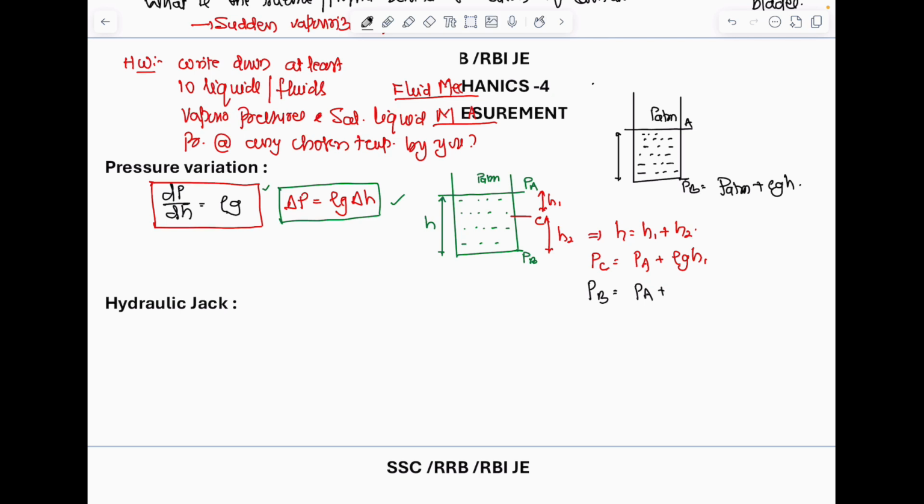PA plus rho G H1 plus rho G H2. That is equal to PA plus rho G (H1 plus H2). What is H1 plus H2? It is H. Therefore, it is PA plus rho GH.